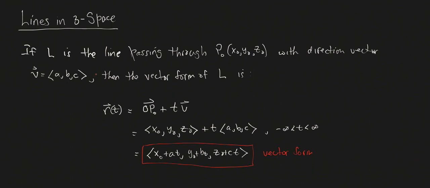Just before we go on to the other forms, I want to make a point. Suppose you had the need to work in 4 dimensions and you wanted to do this process for a line in 4 space. All you would need is a 4th coordinate in your point, and a fourth component in your direction vector, and this would still be the same.